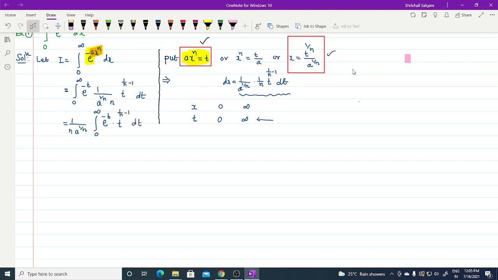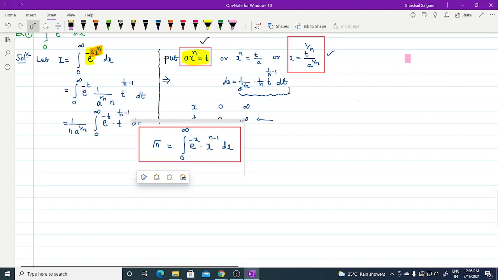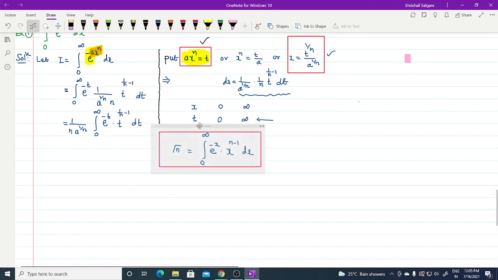Now once again I paste the same integral, you can compare with the definition of gamma. So for definition of gamma, what I required is the kernel. So the kernel is nothing but e to the power minus parameter, and that term you are having. Okay, now if you are getting a kernel and limits from 0 to infinity, what is the evaluation of integral in terms of gamma? First, outside constant I will write as it is, n into a raised to 1 upon n. So what is the evaluation of the integral? This one.